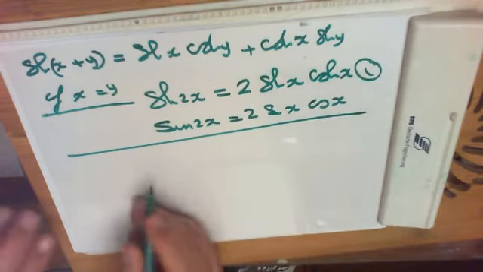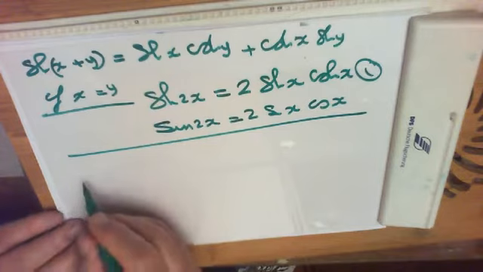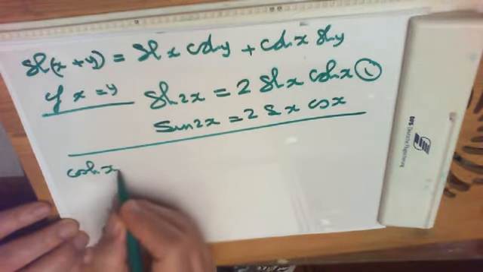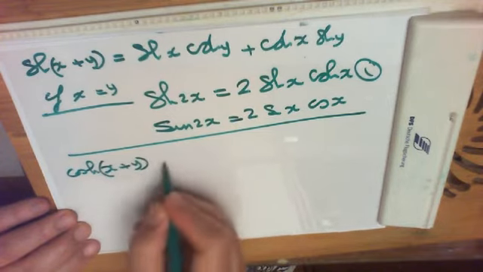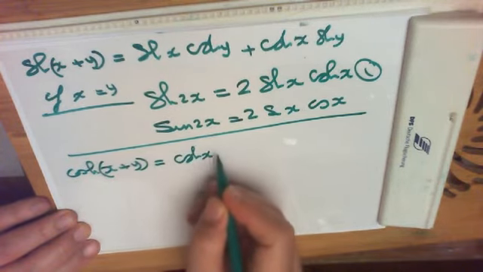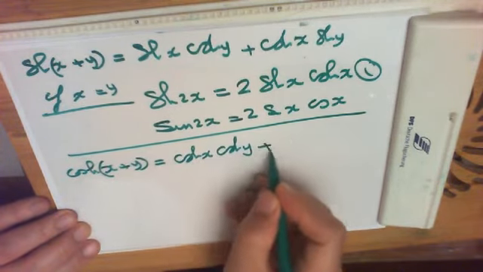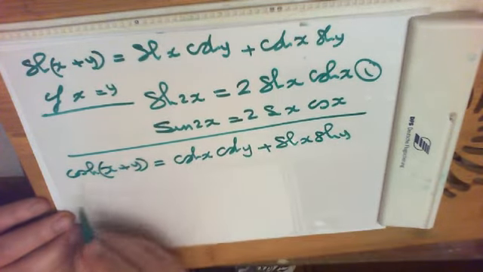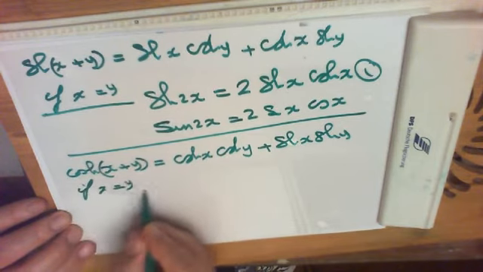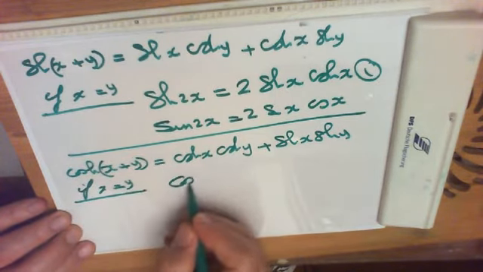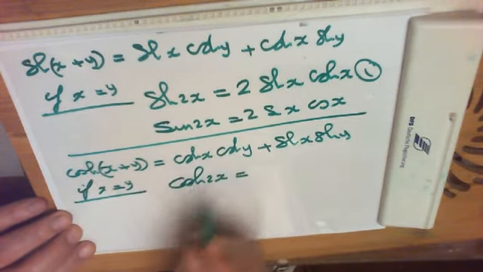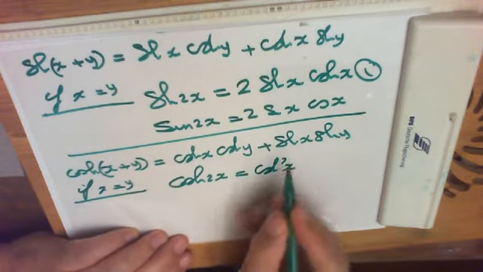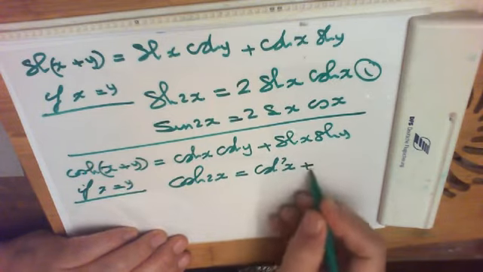Also, in case of cosine, a few seconds ago we proved that cosine(x plus y) equals cosine x cosine y plus sine x sine y. Now, if x equals y, the left hand side will be cosine 2x, and here cosine squared x plus sine squared x.